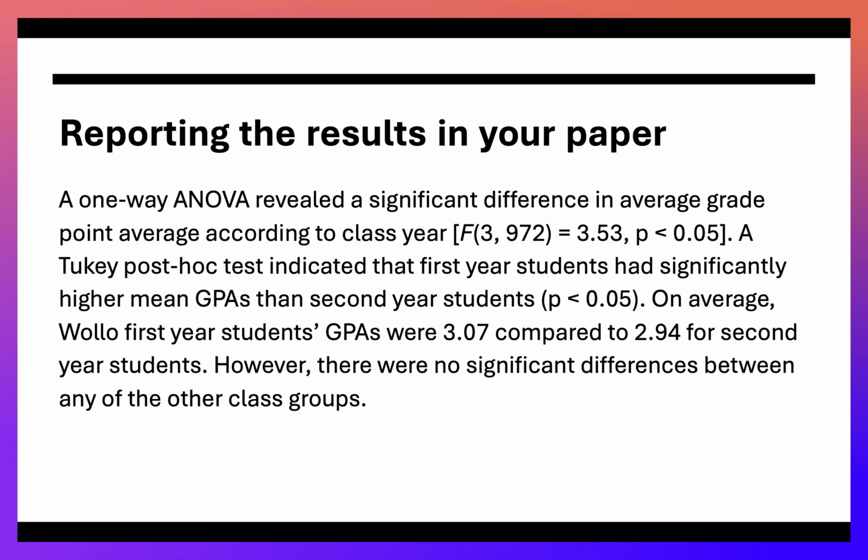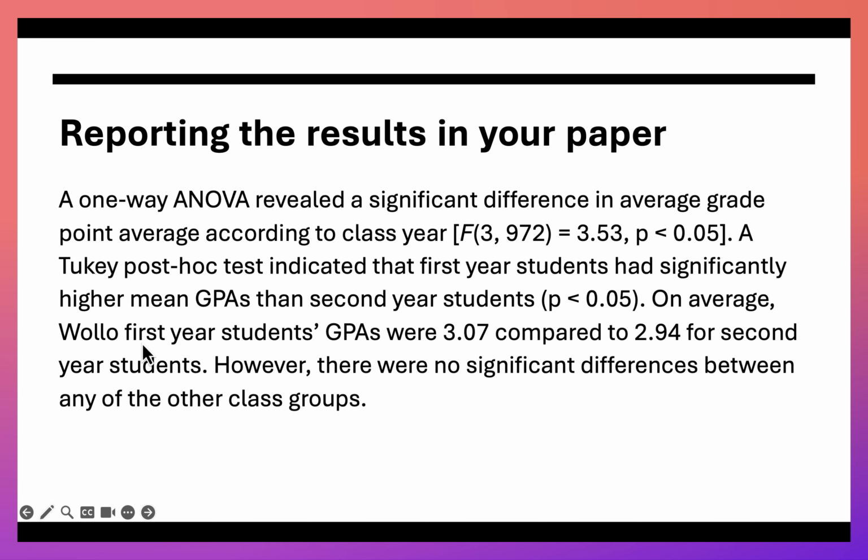A Tukey post hoc test indicated that first year students had significantly higher mean GPAs than second year students. And as you'll recall, the p-value was, I think, 0.01 something, but it was less than 0.05. Then I would get into more detail to tell my readers exactly what that mean difference was.